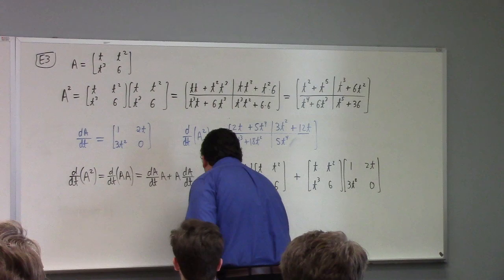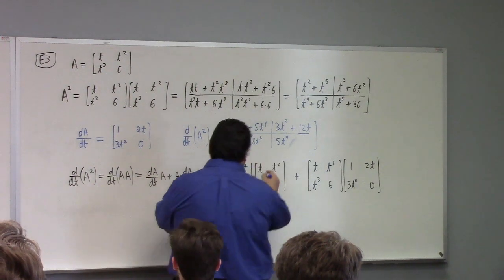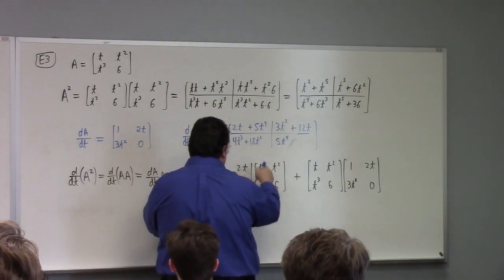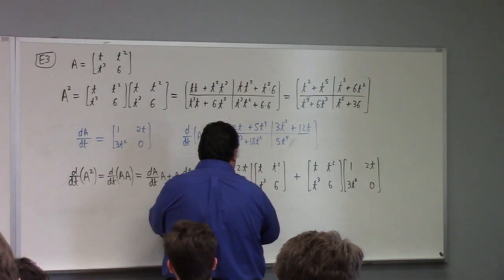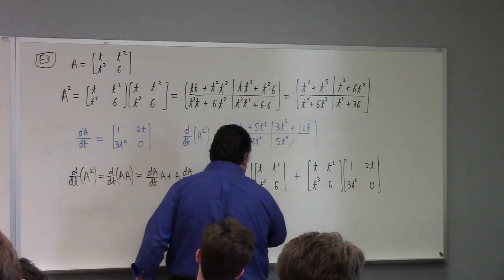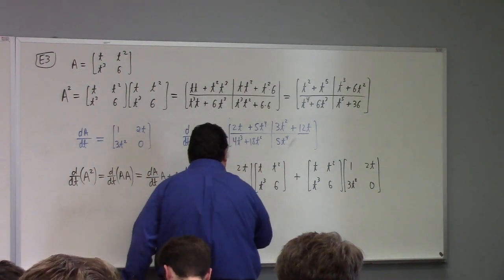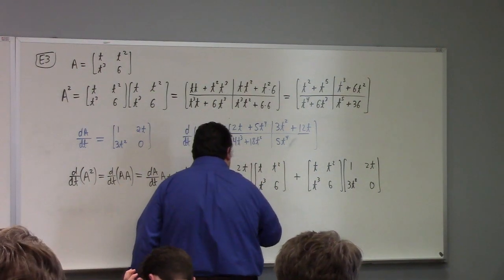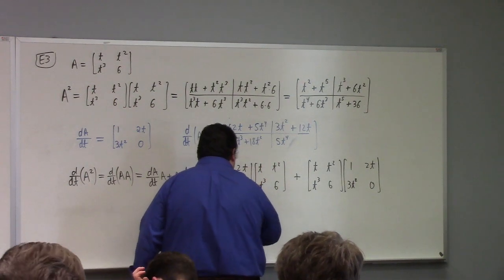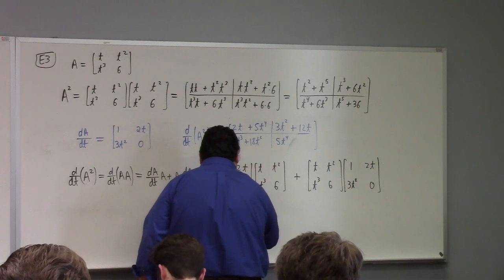Okay, so this product here, we've got a t plus 2t to the 4th, I think. And then down here, the next one, first column, second spot, I got a 3t cubed, I believe.